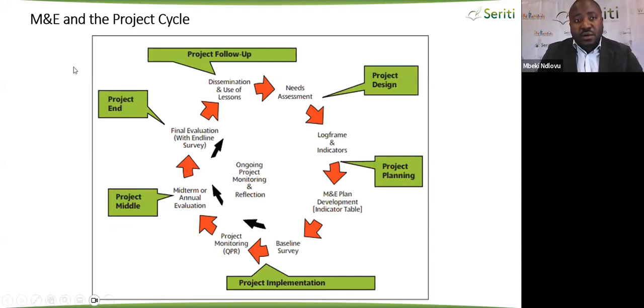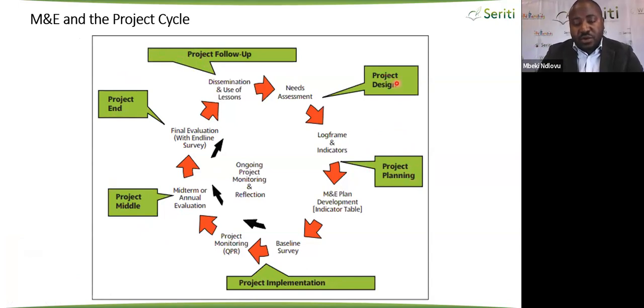Now, this slide is a diagram and an illustration of M&E and the project cycle. So what is happening on this slide is that the green boxes on the outside of this illustration are the project stages.